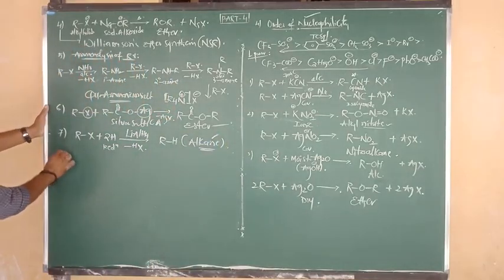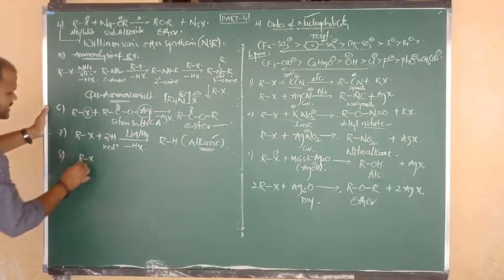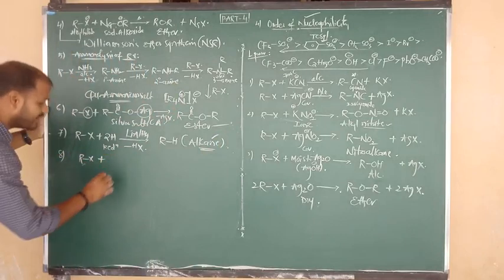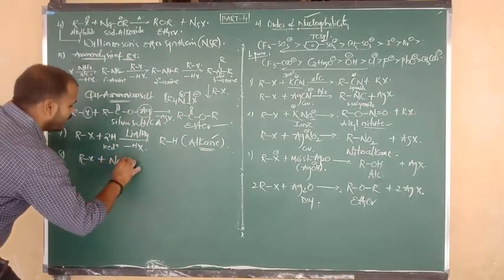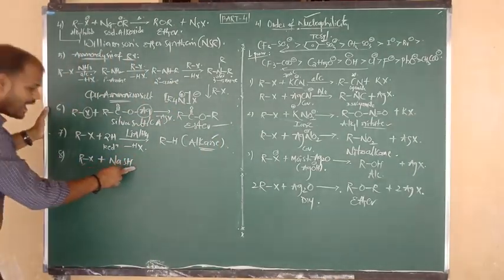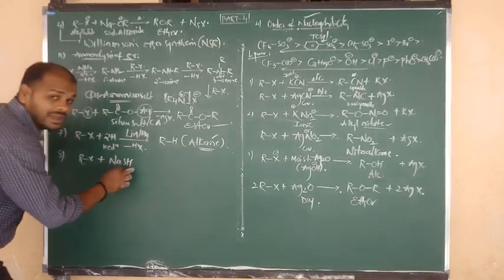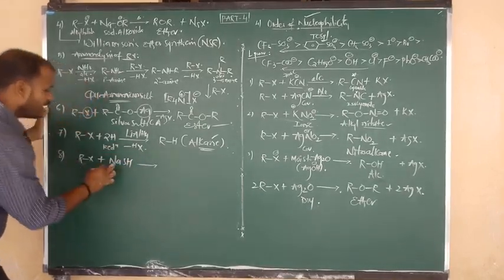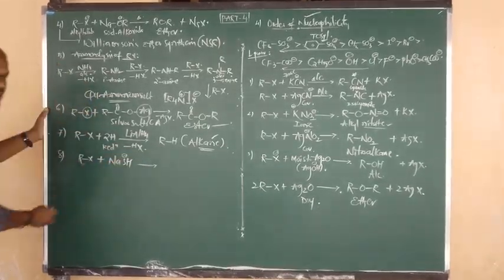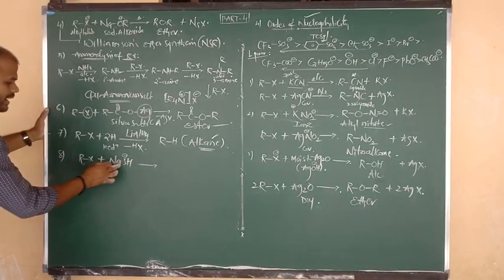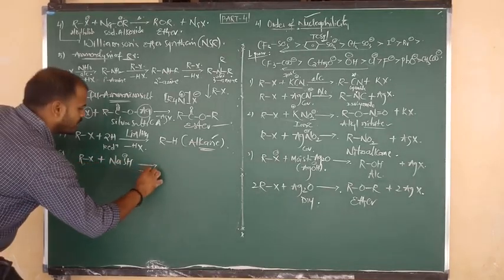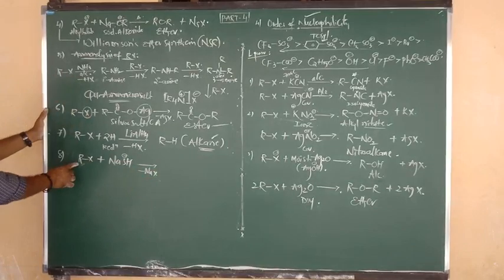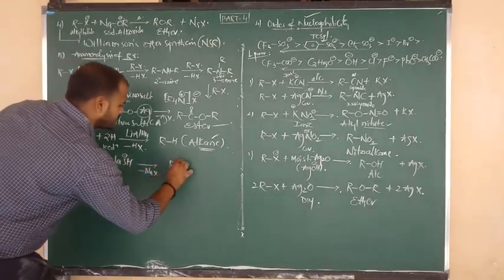Good. Next point, RX, alkyl halides upon reaction with NaSH, sodium hydrogen sulfide, looking like NaOH. Na has a plus charge and SH has a minus charge. Na combines with X and is removed in the form of NaX. The remaining is RSH.